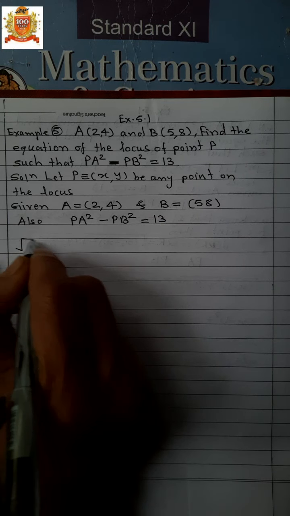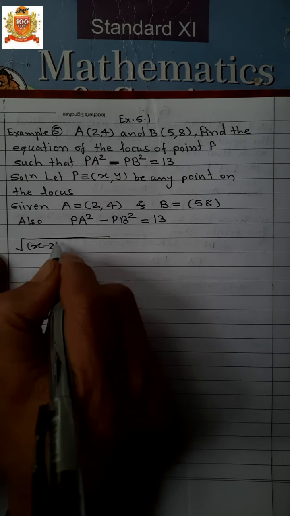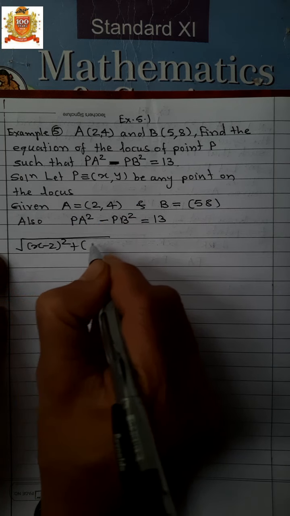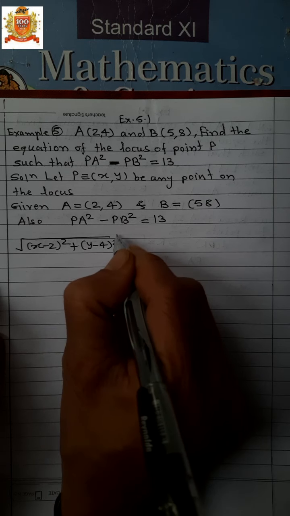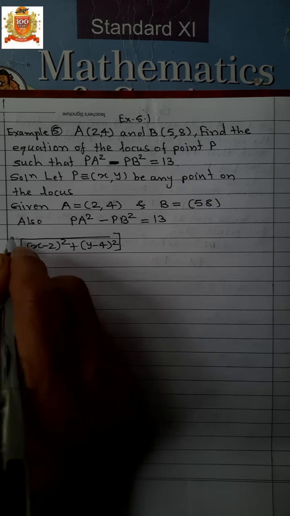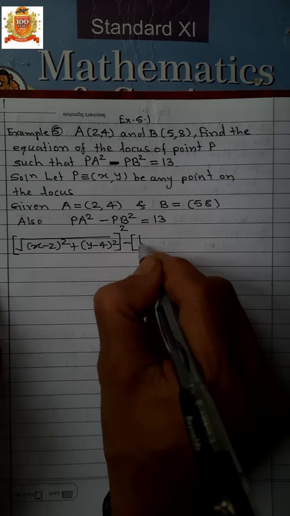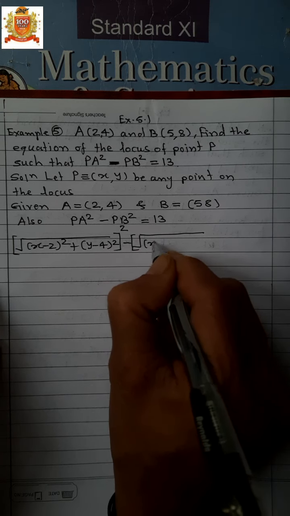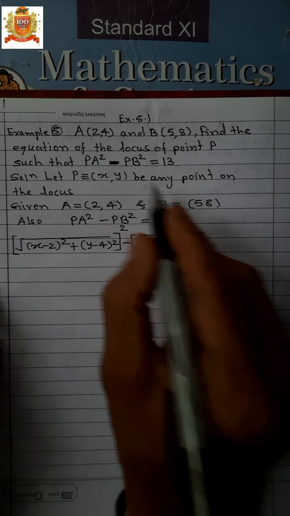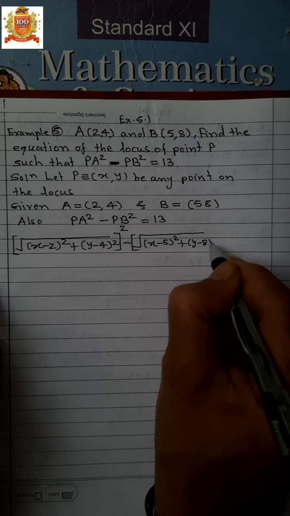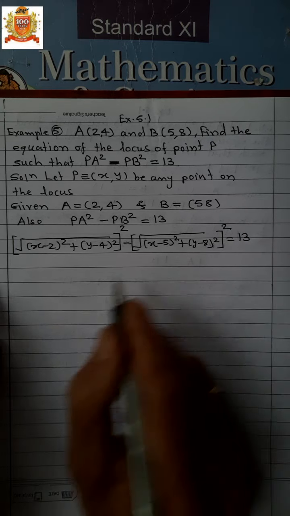Now, PA square means square root of (x minus 2) square plus (y minus 4) square, minus PB square means square root of (x minus 5) square plus (y minus 8) square, is equal to 13.